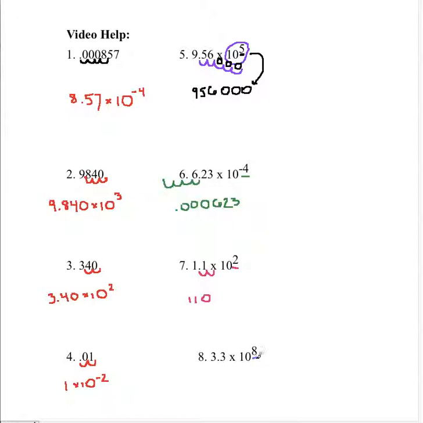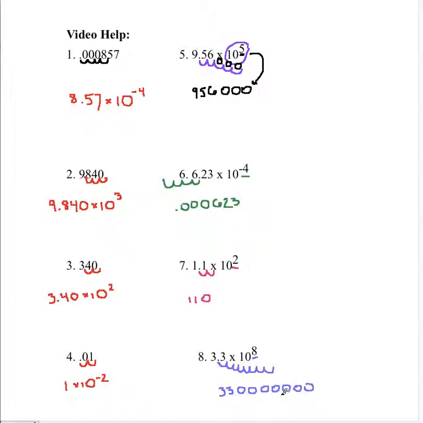Remember, if the exponent's negative, it makes it smaller. If it's positive, it makes it bigger. So I need to move this decimal place over 8 places. So 1, 2, 3, 4, 5, 6, 7, 8. So this is just going to be 33 and then 7 zeros. 1, 2, 3, 4, 5, 6, 7.